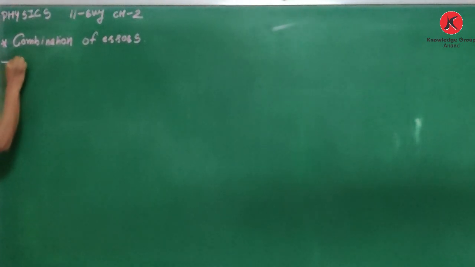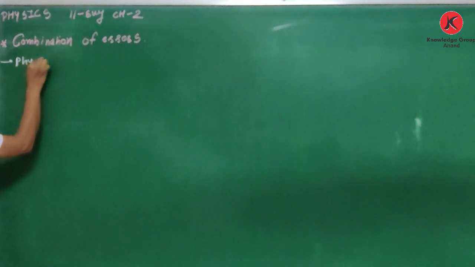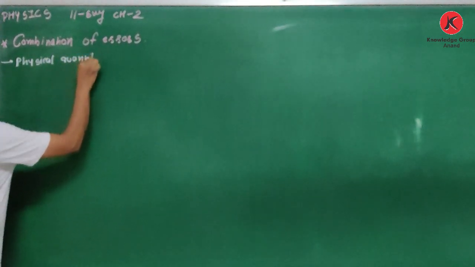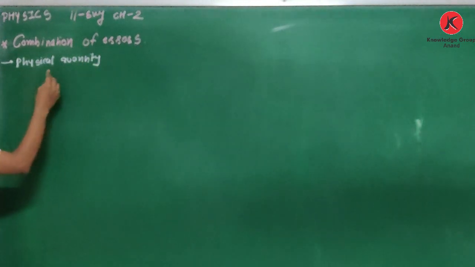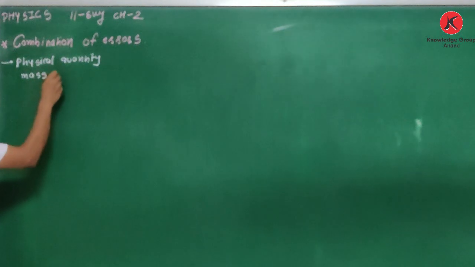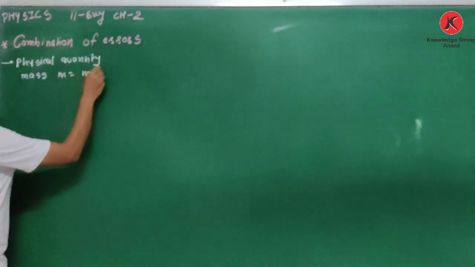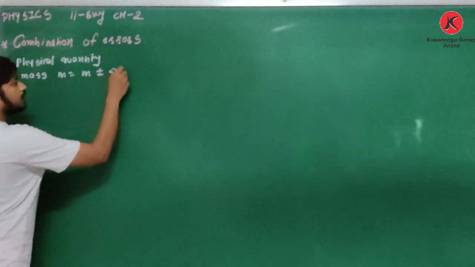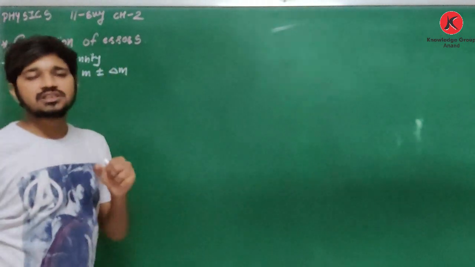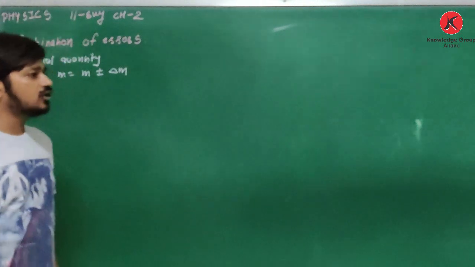A physical quantity, how to write it? If for example I have mass, then I can write mass m is equal to m plus or minus delta m. Now I will not put the bar sign on the symbol.